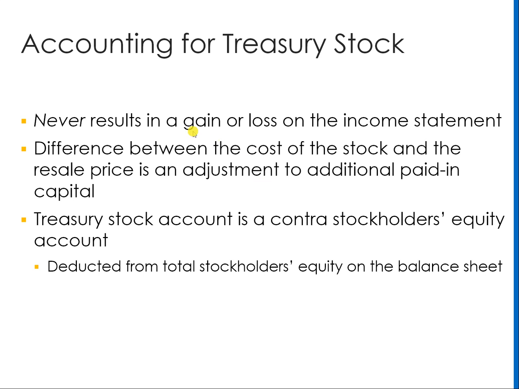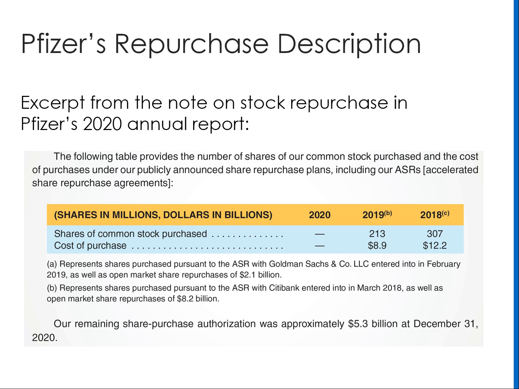If they make money from treasury stock transactions, it increases their equity. If they have a loss, it reduces their equity. This is Pfizer's repurchase disclosure. The company disclosed how many shares they have repurchased and the cost of purchase.